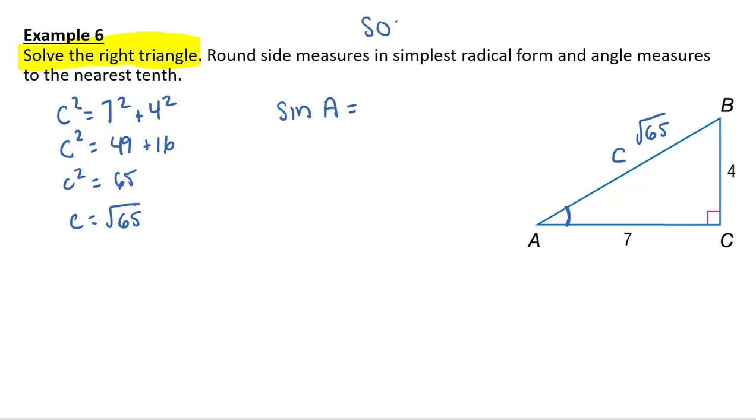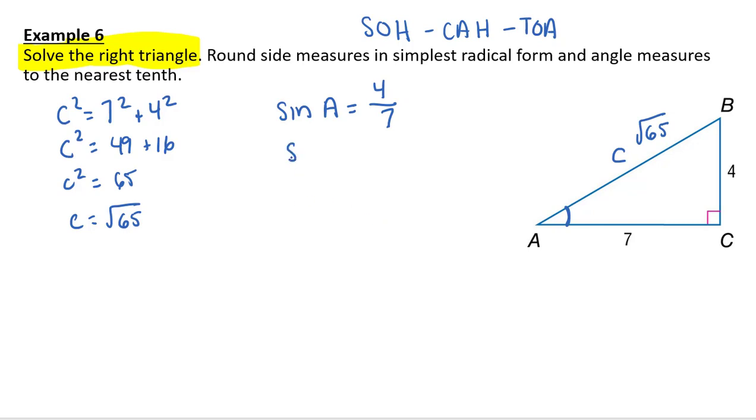So I look at what the sine of angle A is. Again, sine is opposite over hypotenuse, 4/7.